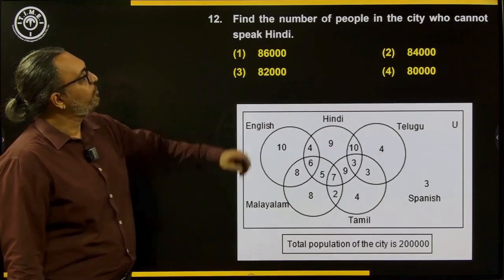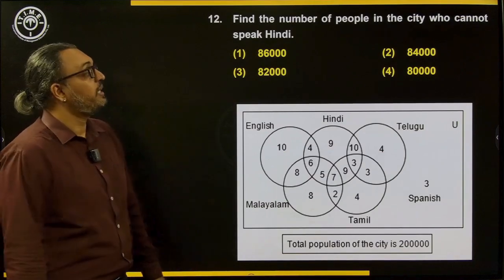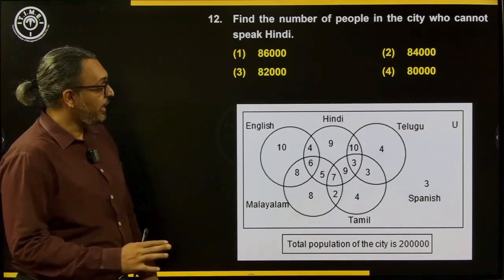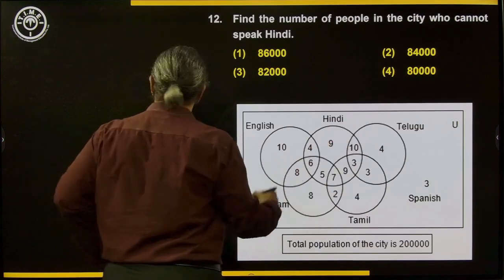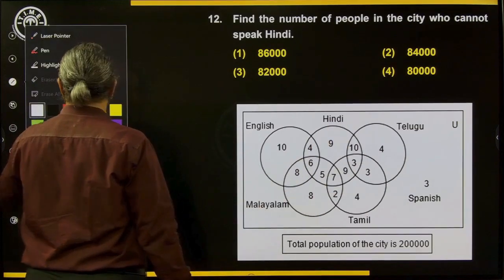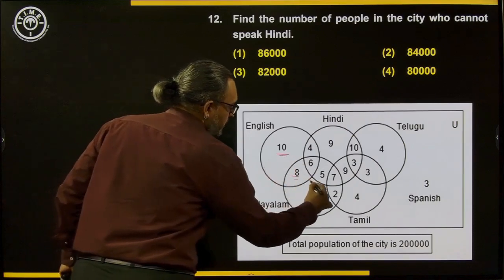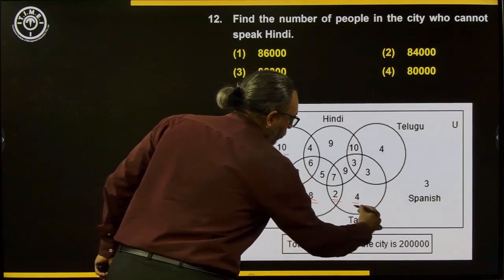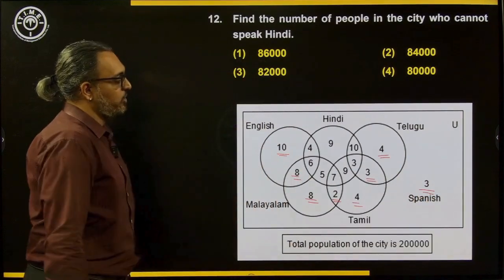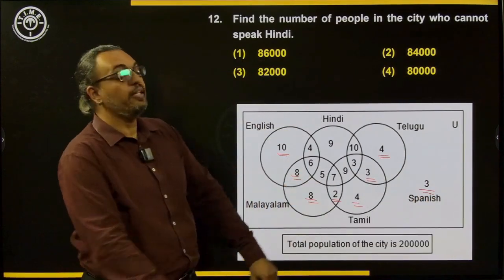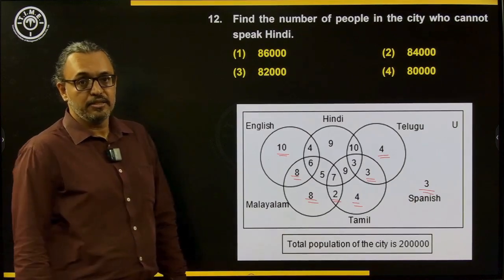Next, find the number of people in the city who cannot speak Hindi. So when he says cannot speak Hindi, all the numbers outside, that means I have to use these numbers now. 10, 8, 8, 2, 4, 3, 4 and this 3. Because these are all the numbers that are outside of Hindi. Correct?